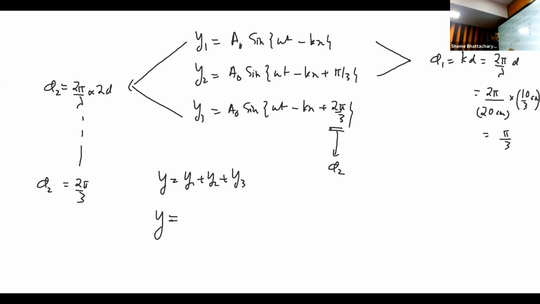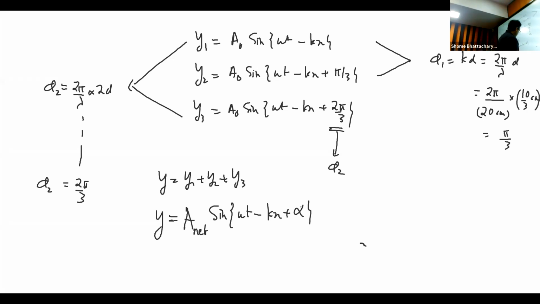Don't bother to do the trigonometric calculation. So it's some net amplitude into sine of some phase, let's say that's some alpha. To calculate this, we need to understand the phasor diagram for this addition.